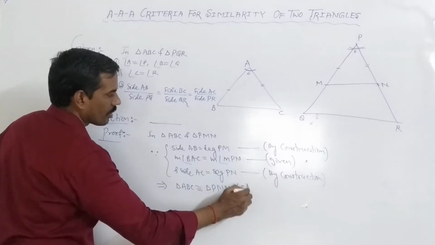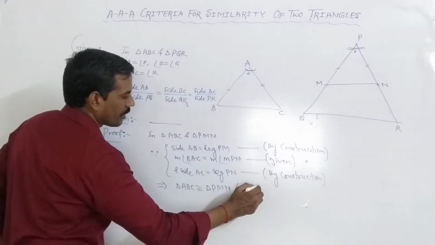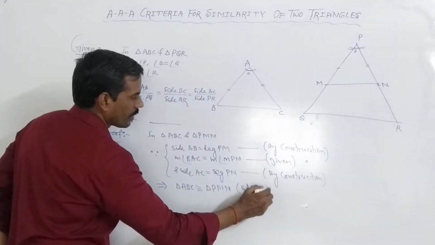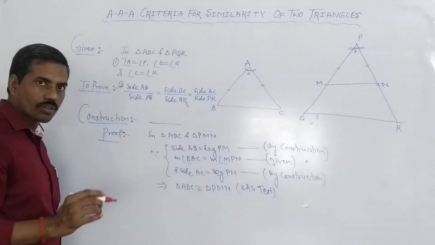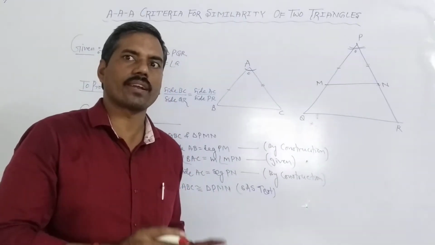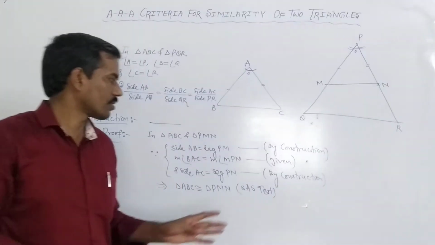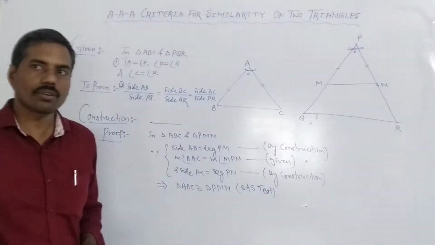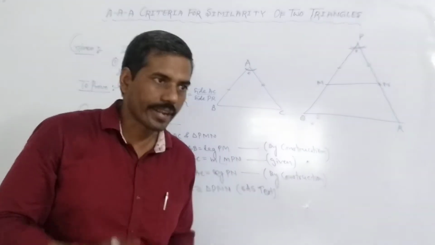Reason: side, angle, side criterion, or SAS test for congruency of two triangles.